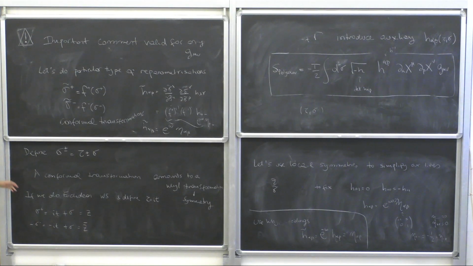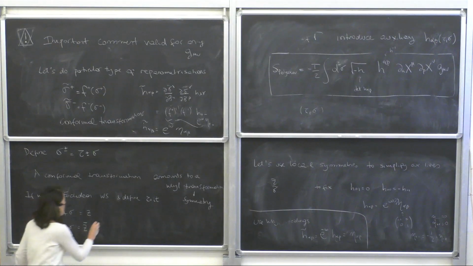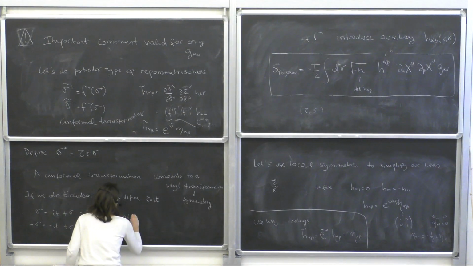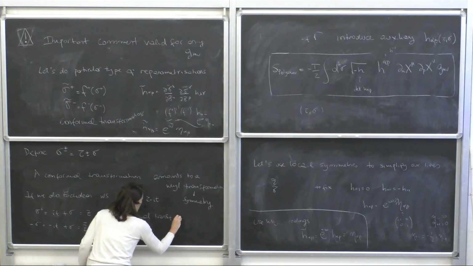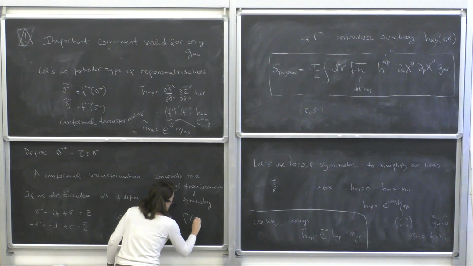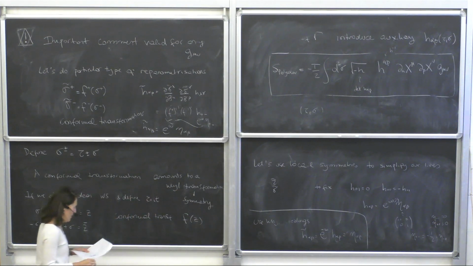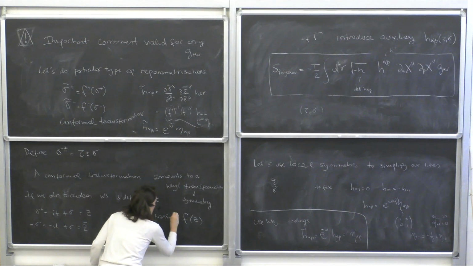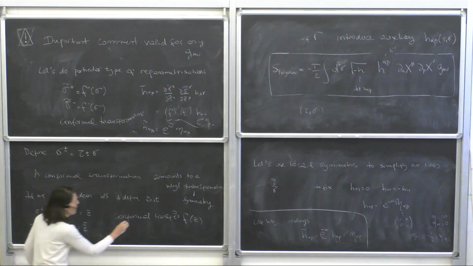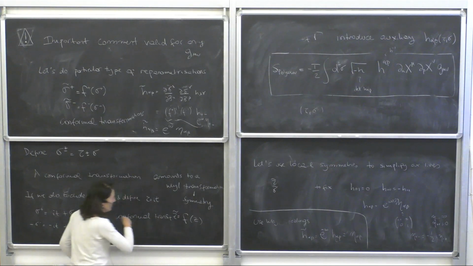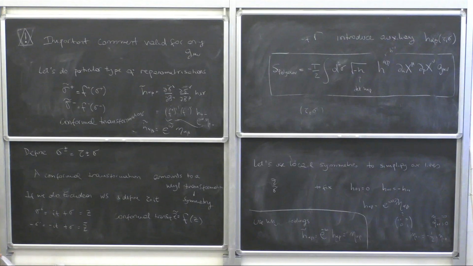It doesn't mix Z and Z bar, so a conformal transformation is some Z tilde that is a function only of Z, but not of Z bar. And there is an infinite number of such functions.